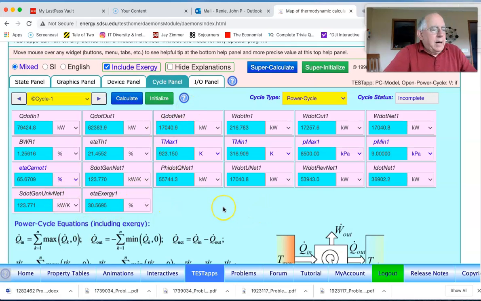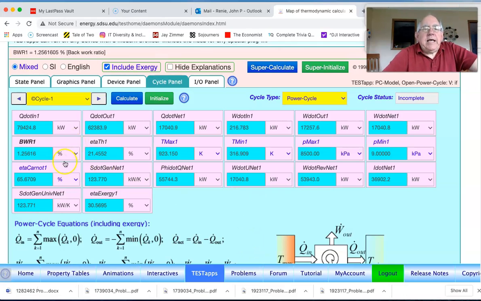Okay, so the problem continues asking you to calculate the second law efficiency of the mixing chamber and the process heater, as well as the cogeneration plant in general.